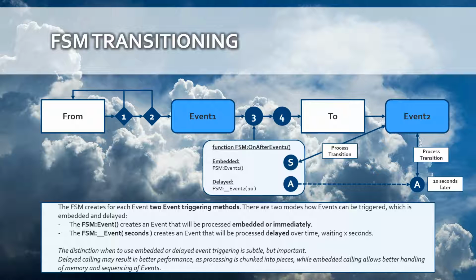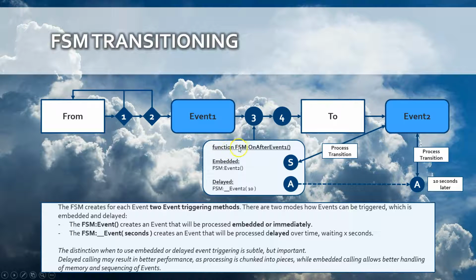So a finite state machine process is actually being executed by handling these event transitioning moments and developing code for the onLeave, onBefore, onAfter or onEnter moments, as is shortly explained here.